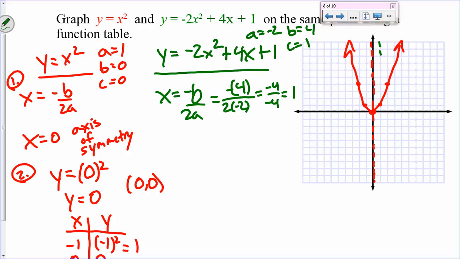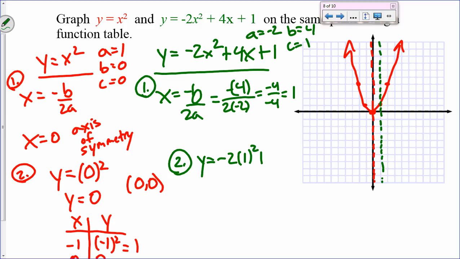So let's go ahead and draw our axis of symmetry. Well, again, that was our first step in finding the vertex. Our second step in finding the vertex is substituting that value in. So what does that look like? That looks like y equals -2, and instead of x, I'm plugging in 1 squared, plus 4 times 1, plus 1.